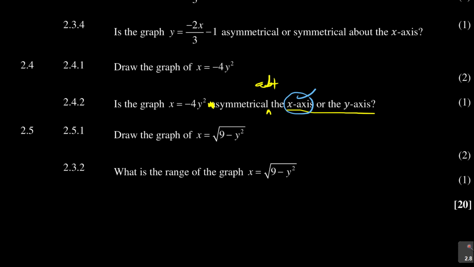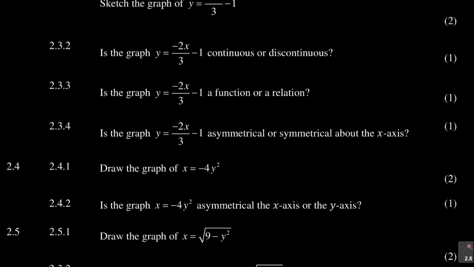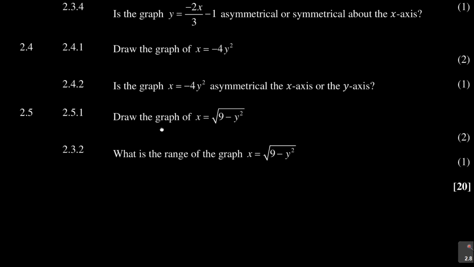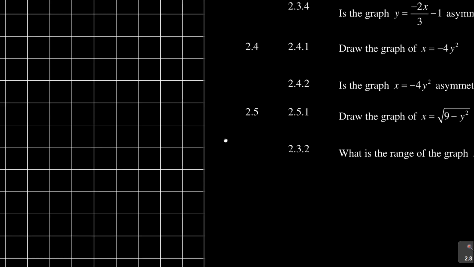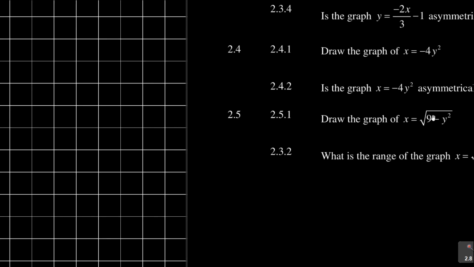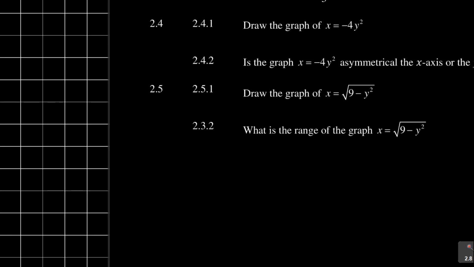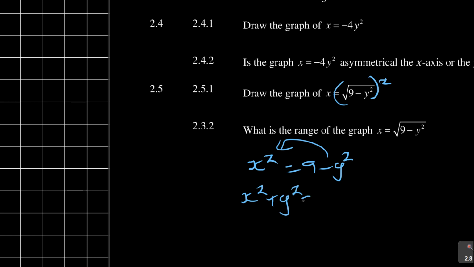Now draw the graph of another one. Draw the graph of x is equal to the square root of 9 minus y squared. Again, remember such graphs are more like you are dealing with a circle, because if you square both sides, you will have x squared is equal to 9 minus y squared. If you take y squared to the other side, you have x squared plus y squared is equal to r squared, which is 3 squared.